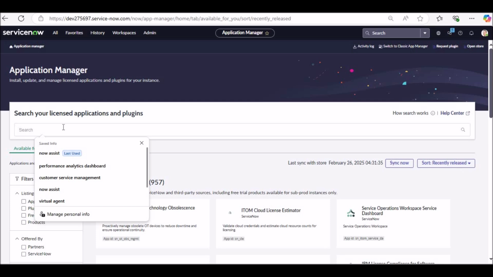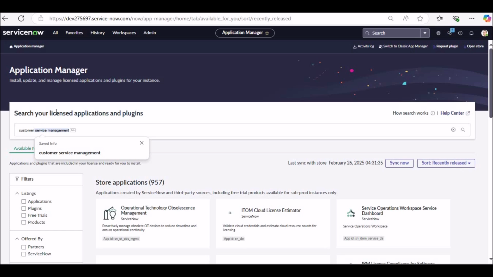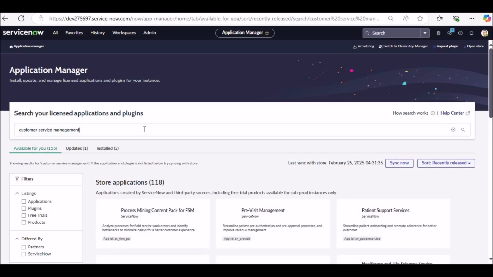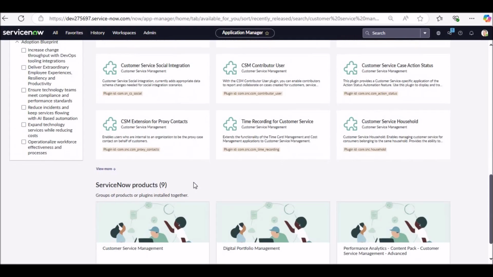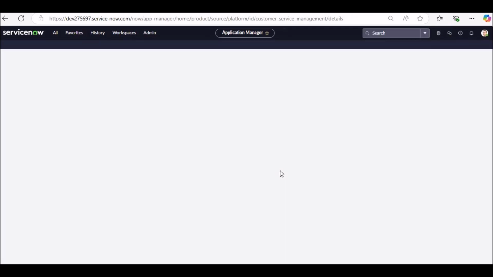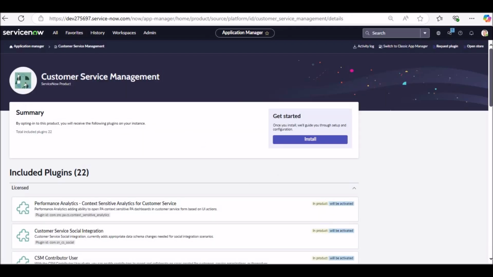that. To install it, we need to go to Application Manager and look for Customer Service Management. You can see one family plugin, ServiceNow product, here. Click on this and click on install.